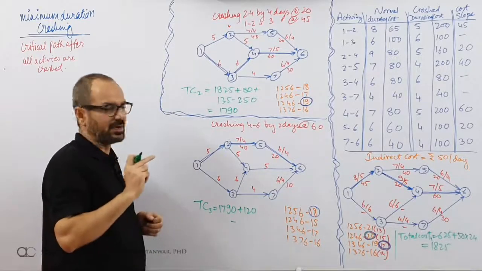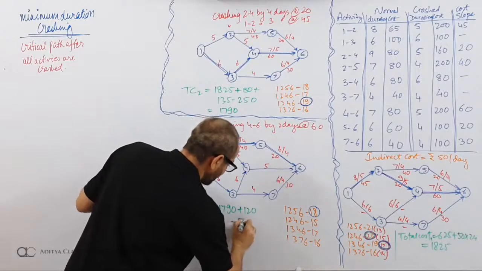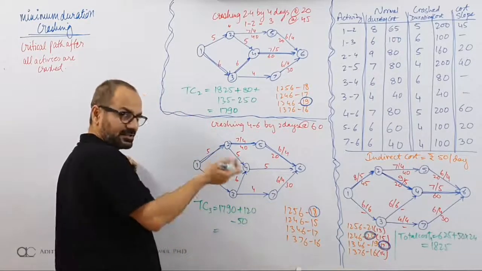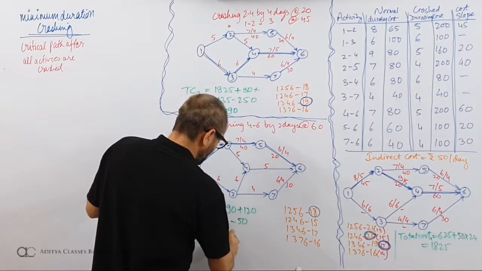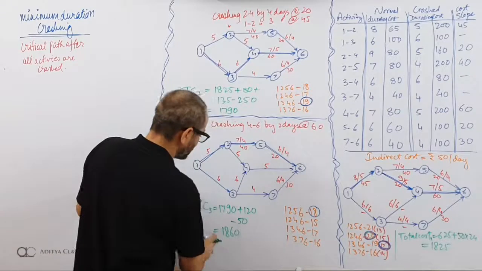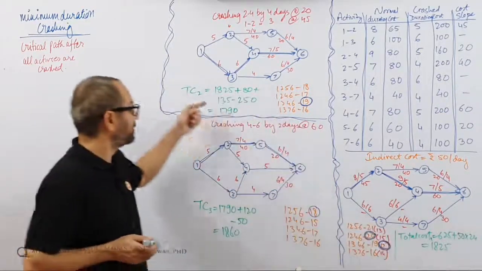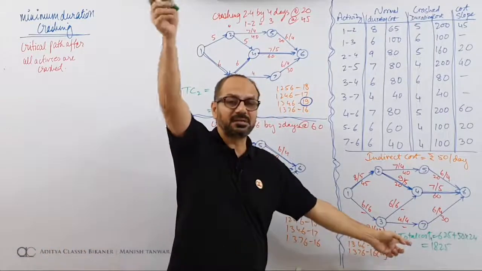So there is a saving of 1 day at 50. My total cost has actually gone up by 70 rupees. 120 additional less 50. 70 gone up. So this becomes 1860. My total cost 3 is 1860. Now you can see over here 1825 came down to 1790. Now it has gone up to 1860, which is more than what I started with.